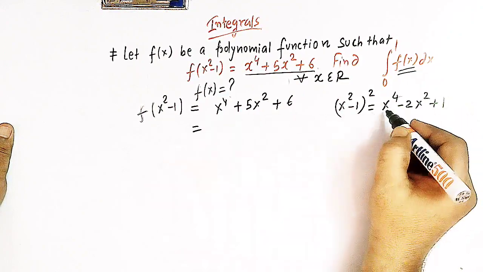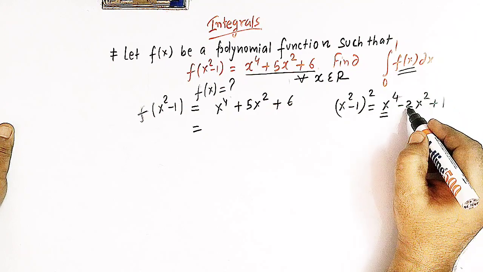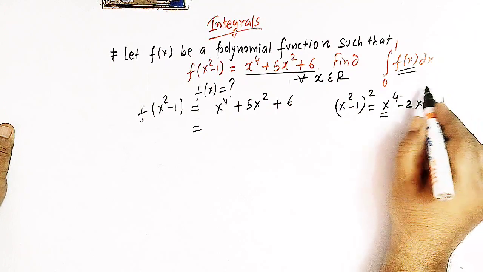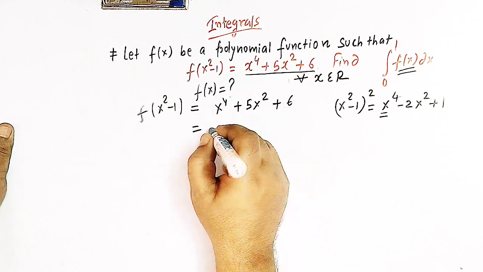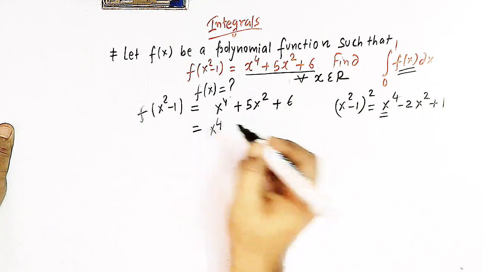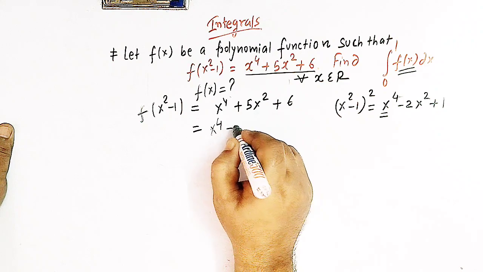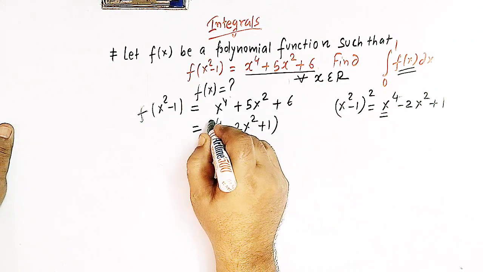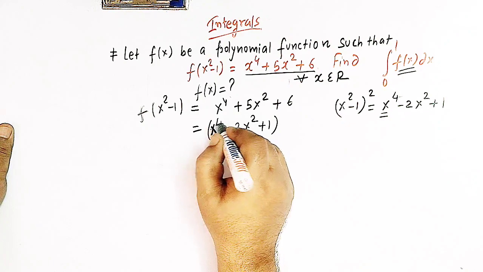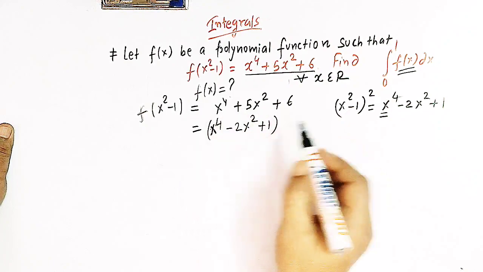So here x raised to 4 minus 2x square plus 1 can be created over here, right? So we can write here x raised to 4, then we can write minus 2x square plus 1, such that this quantity remains the same, right?